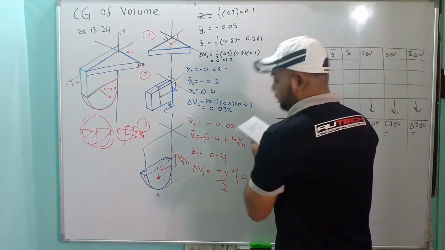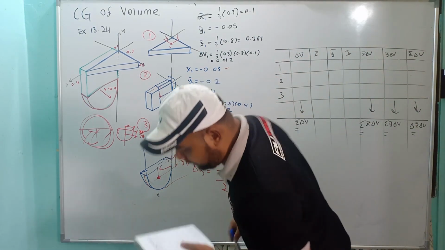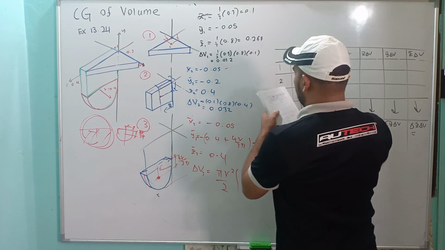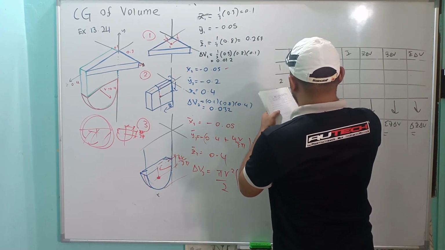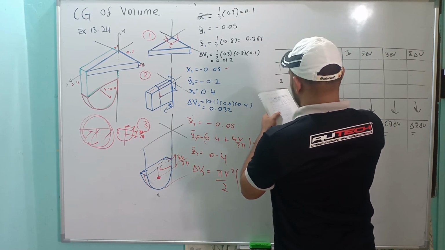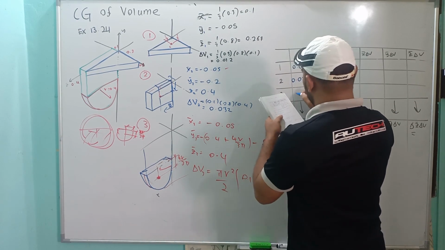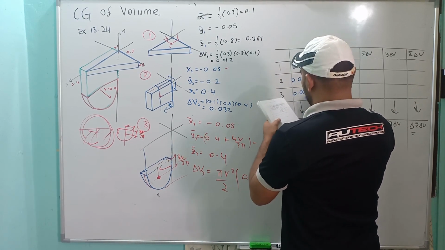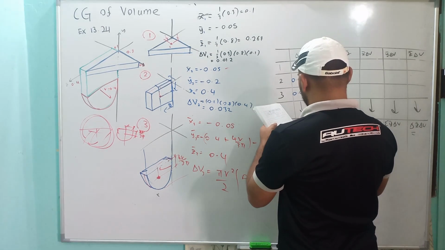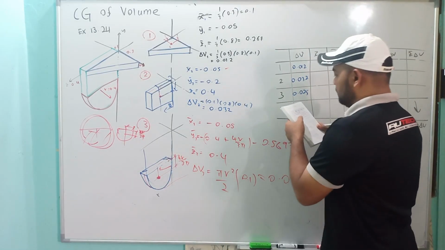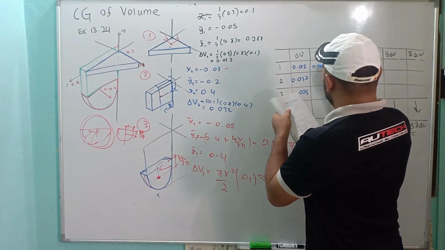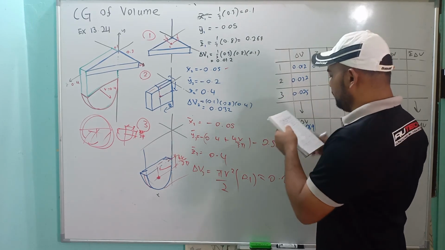I already calculated, so just put it here. Delta v: 0.012, 0.032, 0.025, adding together 0.069. Then 0.1, so just copy everything.